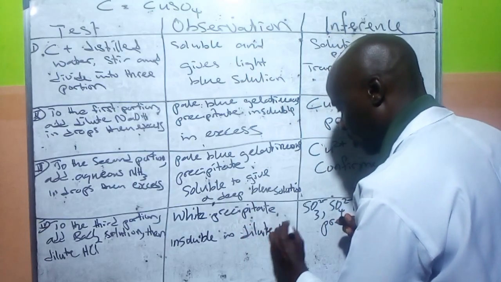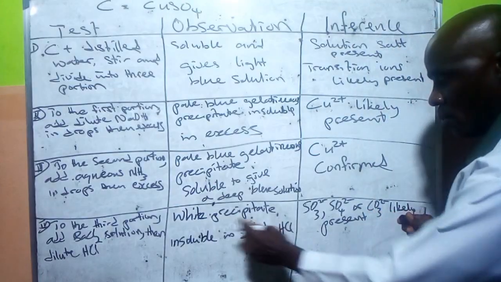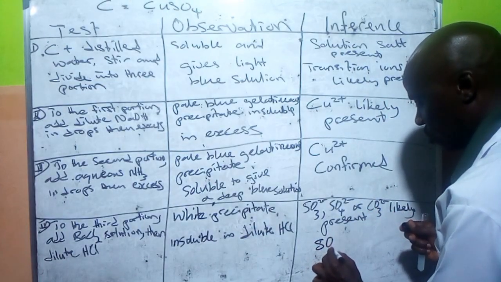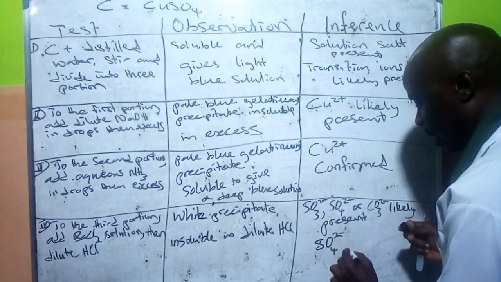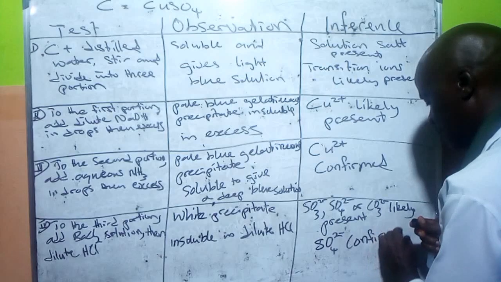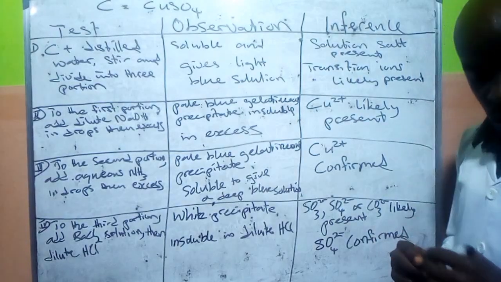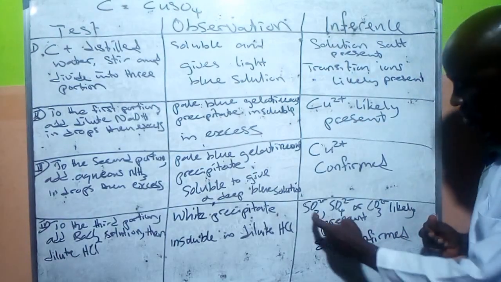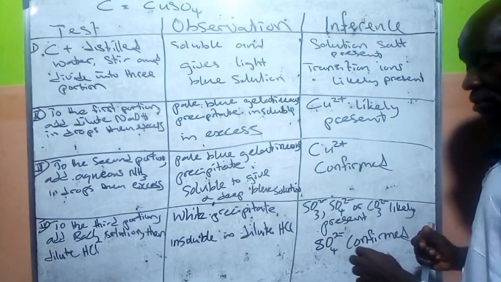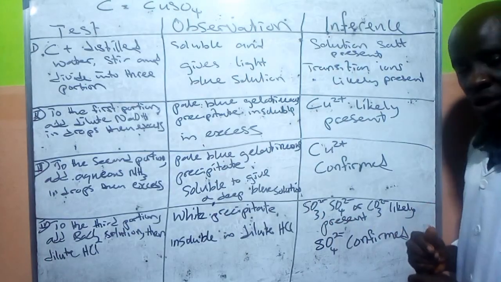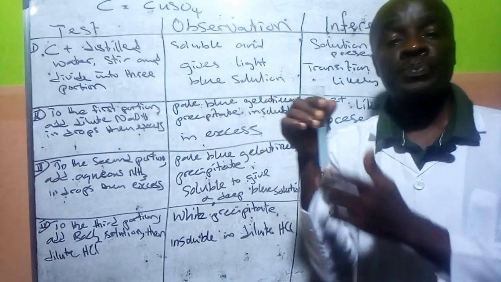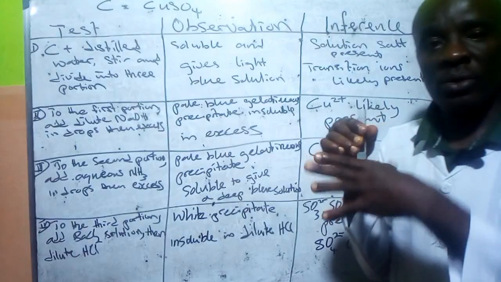So this insoluble nature of it confirms the presence of what? Sulfate (SO4 2-) ion. Confirms. That is because if sulfite, sulfate... rather, if sulfite and carbonate ions were present here, in addition of hydrochloric acid, they would dissolve.